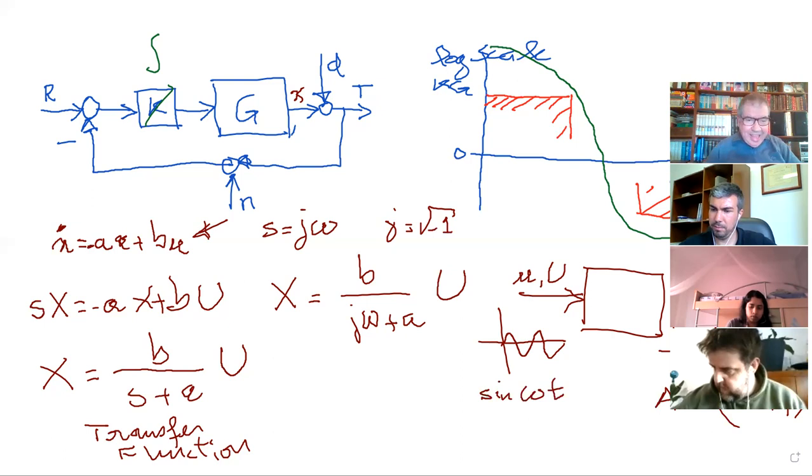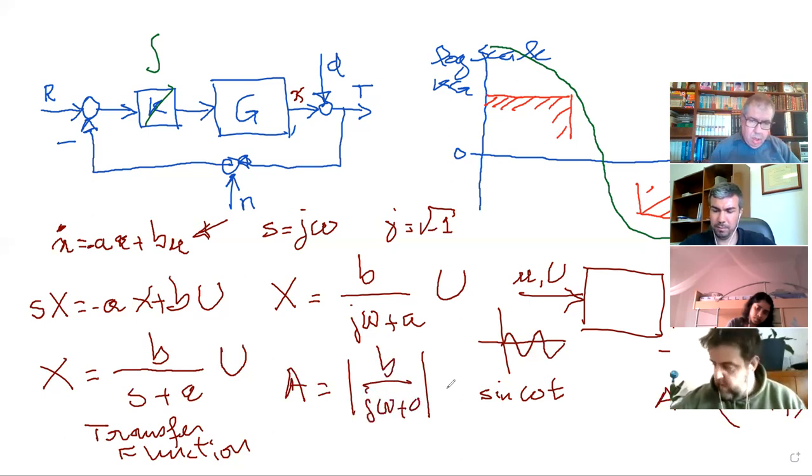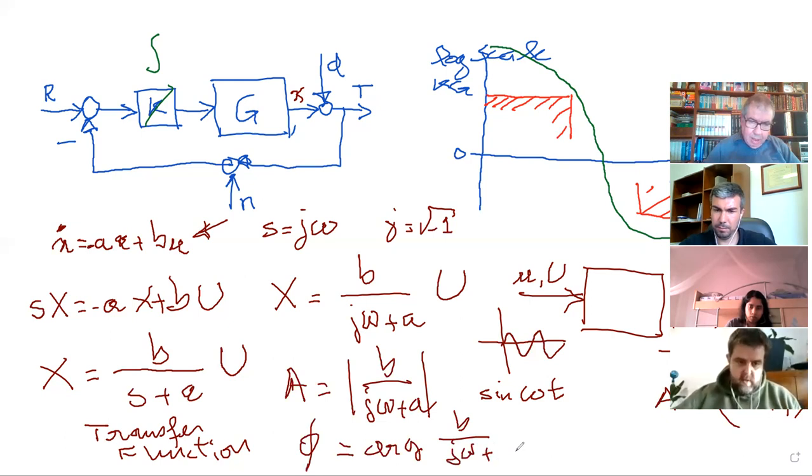Okay? And the gain, A, is the modulus of the transfer function for S equal to j omega. And the phase is the argument of B divided by j omega plus A, for omega equal to the frequency of the sinusoid. You see?